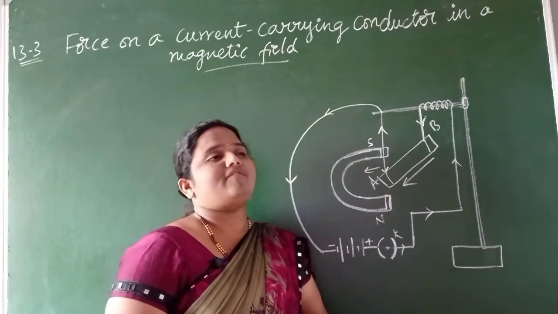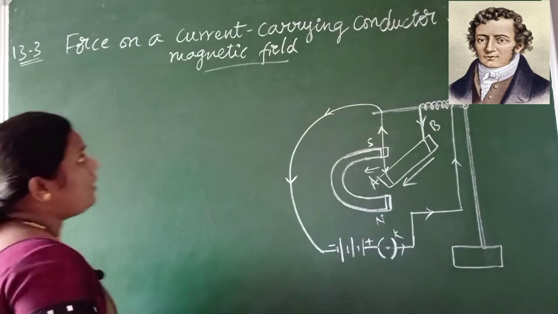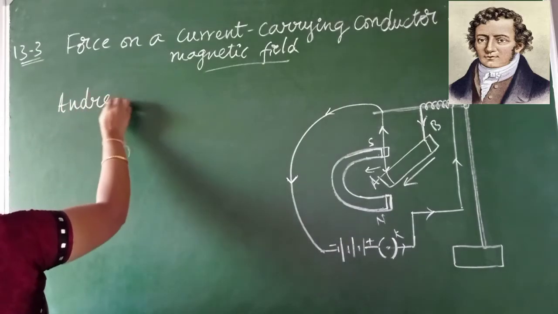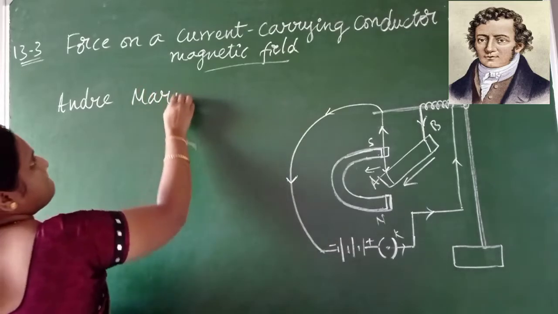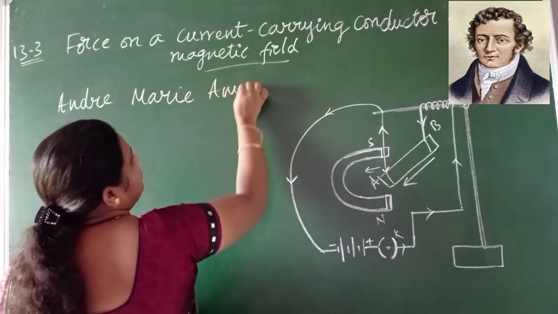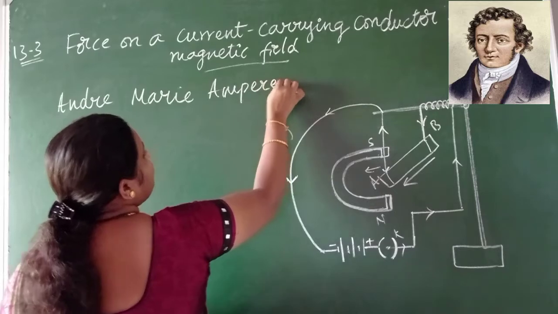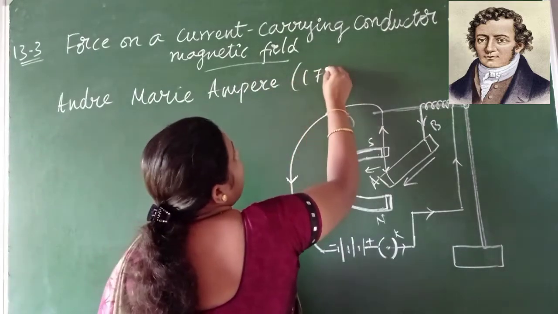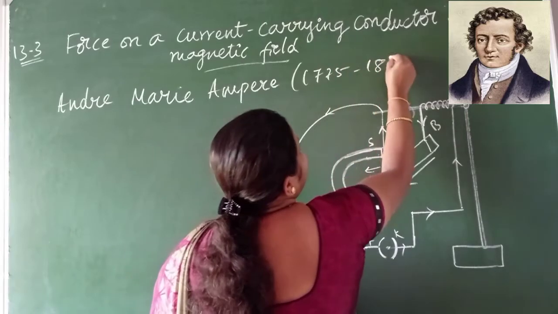In the same way, one more scientist called Andre Marie Ampere was a French scientist during the period 1775 to 1836.